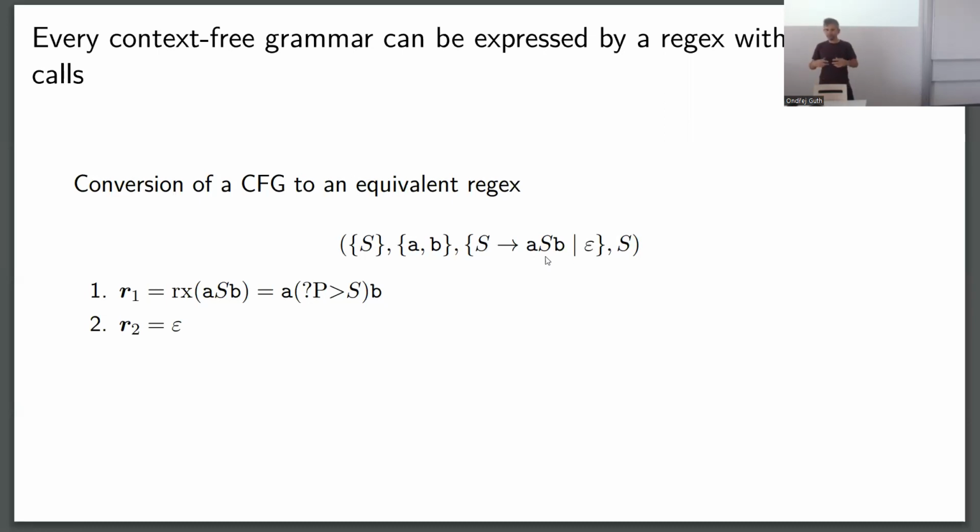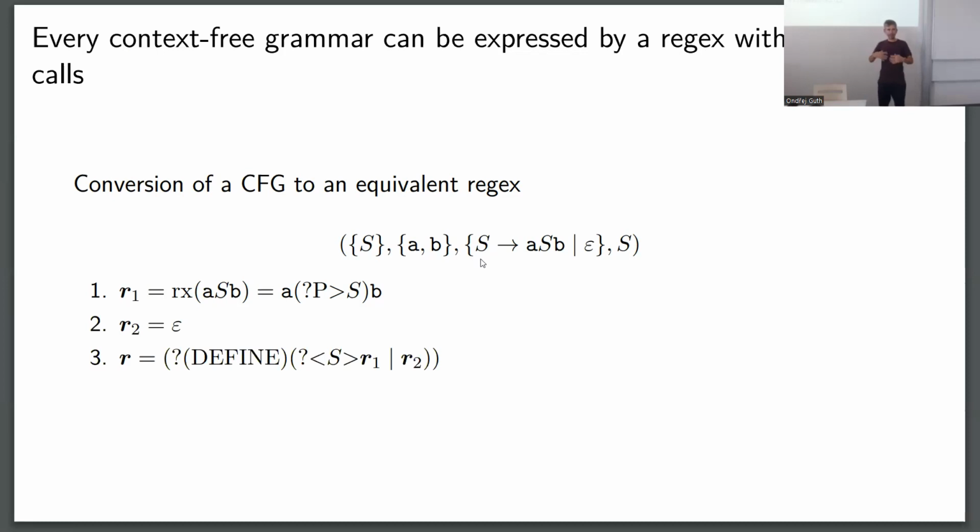So this way, for every non-terminal we have in the grammar, we do a conversion of the right-hand side of every rule where that non-terminal is on the left-hand side. After that, we create a named group for that non-terminal. So we started with the S non-terminal.